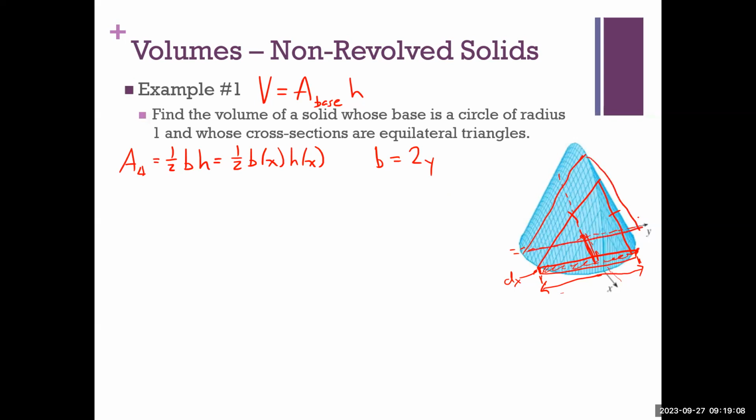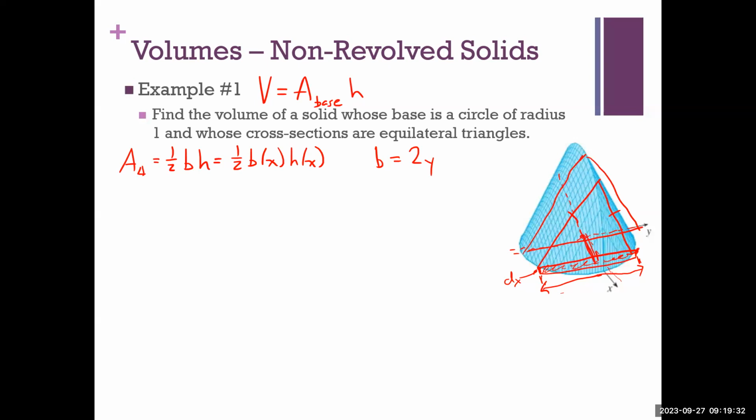So yeah, I know this circle has a constant radius by definition. But where I make these triangles, those triangles are not going to be the same size, depending on where I decide to look. Because to find the volume of this thing, I have to integrate over some interval, over whatever we find our bounds to be.